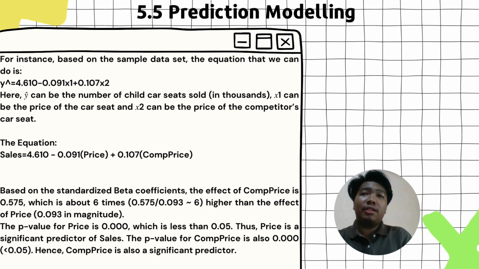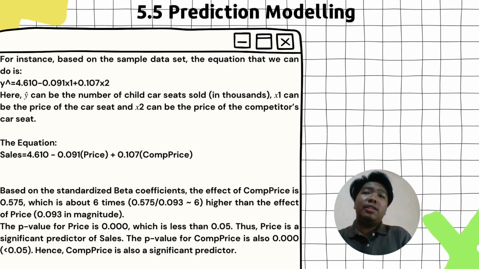Based on the standardized beta coefficient, the effect of comp price is 0.575, which is about 6 times higher than the effect of price, 0.093, in magnitude. The p-value for price is 0.000, which is less than 0.05.